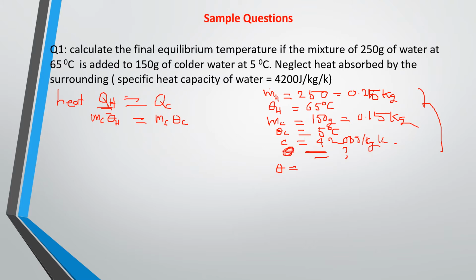And as I said, for mixtures, the final temperature of the cold water and the hot water are the same. So this will be the final temperature for the hot water. So it will be the initial temperature, which is 65, minus the final temperature, 65 minus theta.